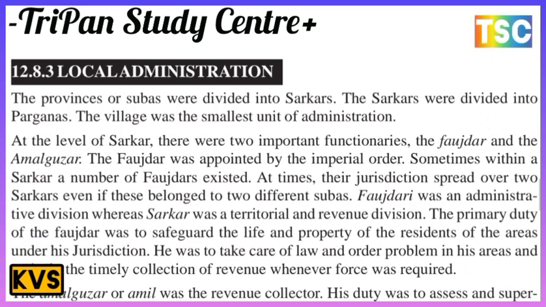Faujdari was an administrative division, whereas the sarkar was a territorial and revenue division. The primary duty of the Faujdar was to safeguard the life and property of the residents of areas under his jurisdiction, take care of law and order problems in the area, and assist in the timely collection of revenue whenever force was required.